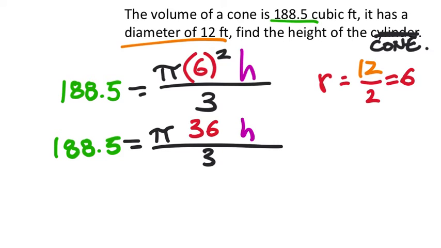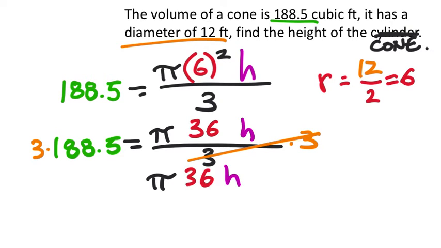Now I want to get rid of that divide by 3. How do I do that? Well, make it a phantom 1 by multiplying it by 3. If you do it to one side, you got to do the other side as well. So that's a phantom 1 now, which makes this pi times 36 times the height. And this equals, let's see, 3 times 188.5, enter, 565.5 when I multiply these.